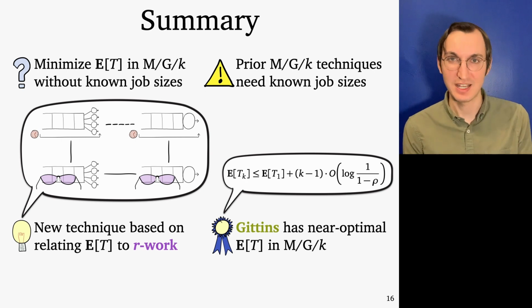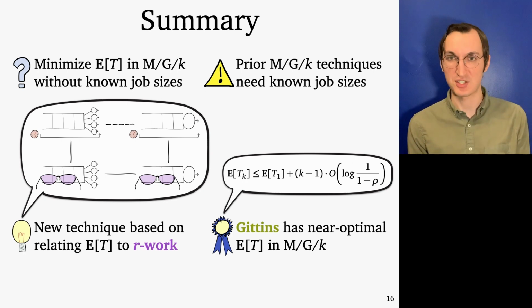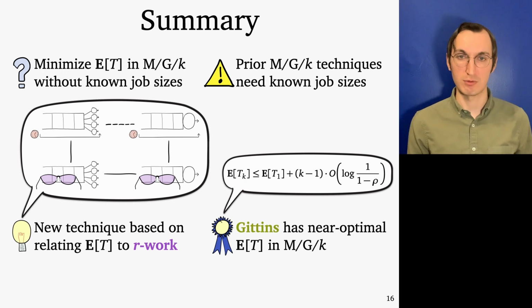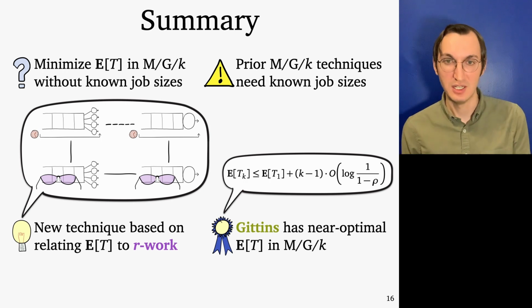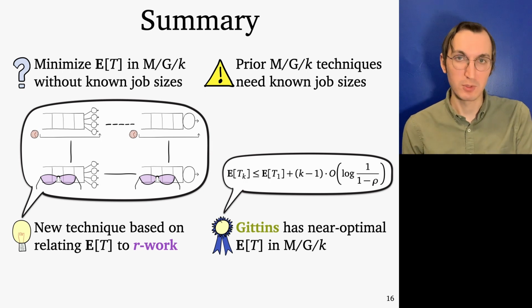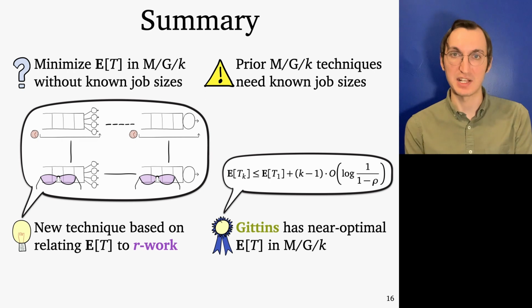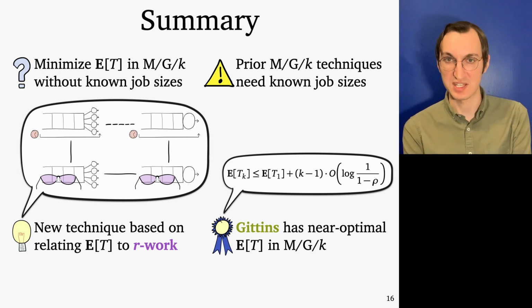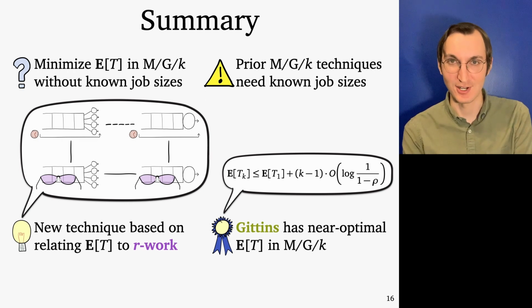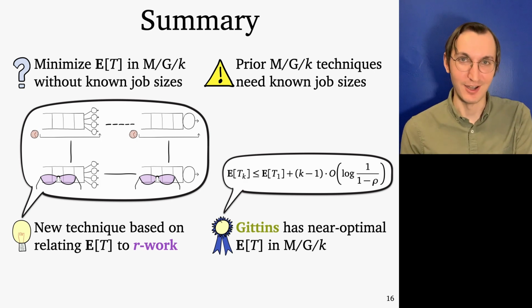It holds in the M/G/k. It would also hold in immediate dispatch systems, where as soon as a job arrives, you have to choose which server it goes to, and each server has its own queue. And so we're really hopeful that we can use these same techniques to analyze a wide variety of multi-server systems, not just the M/G/k.